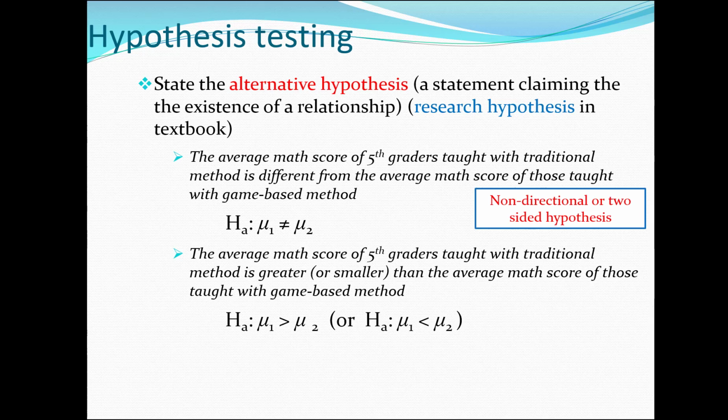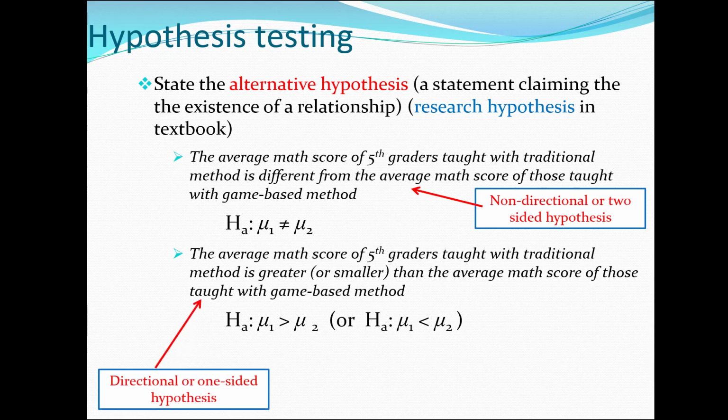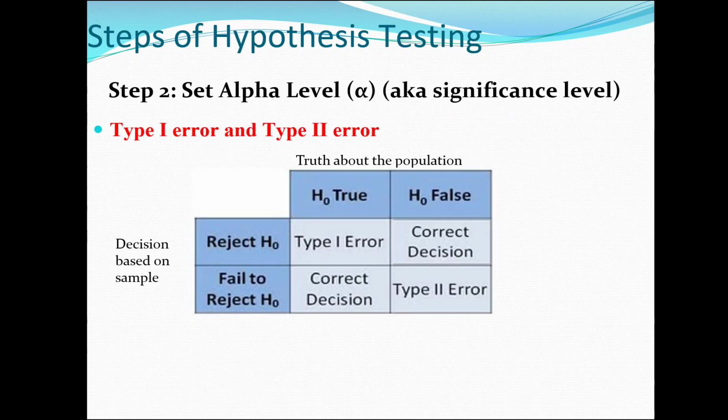But if you indicate a specific direction of the difference or the relationship, then we call this type of alternative hypothesis directional or one-sided hypothesis. Now you're done with stating your hypothesis. So, the next step for hypothesis testing is set alpha level.